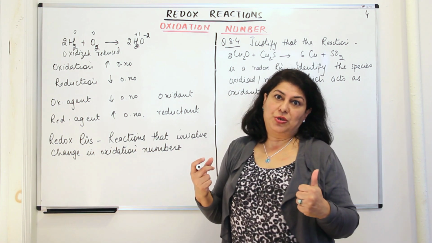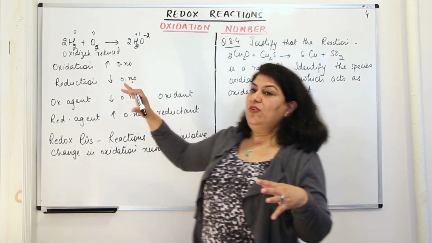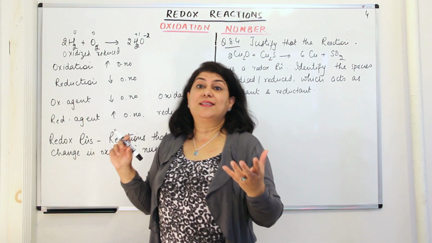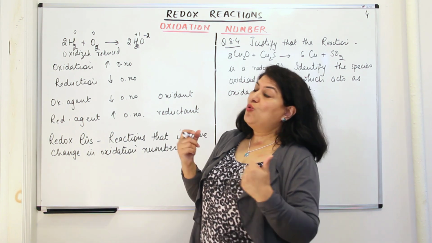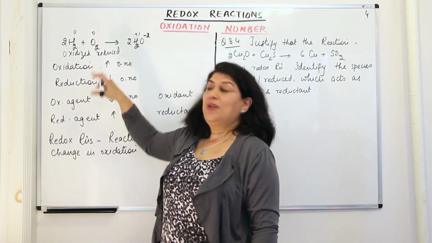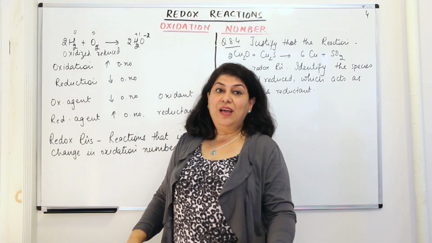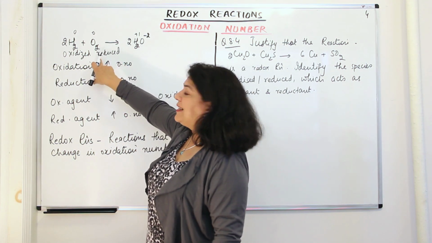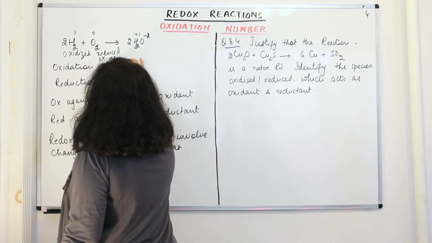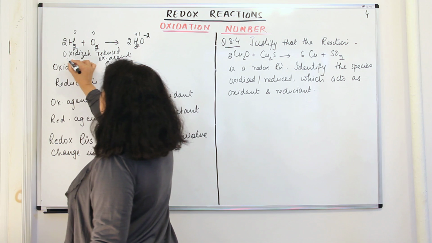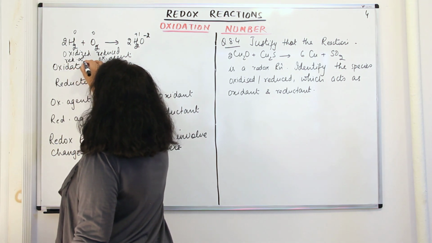Hydrogen reduced oxygen. At the same time, hydrogen could not have got oxidized if oxygen had not accepted its electrons. So who oxidized hydrogen? Oxygen oxidized it. Therefore, the substance that gets reduced is the oxidizing agent. And the substance itself that gets oxidized is the reducing agent, right?